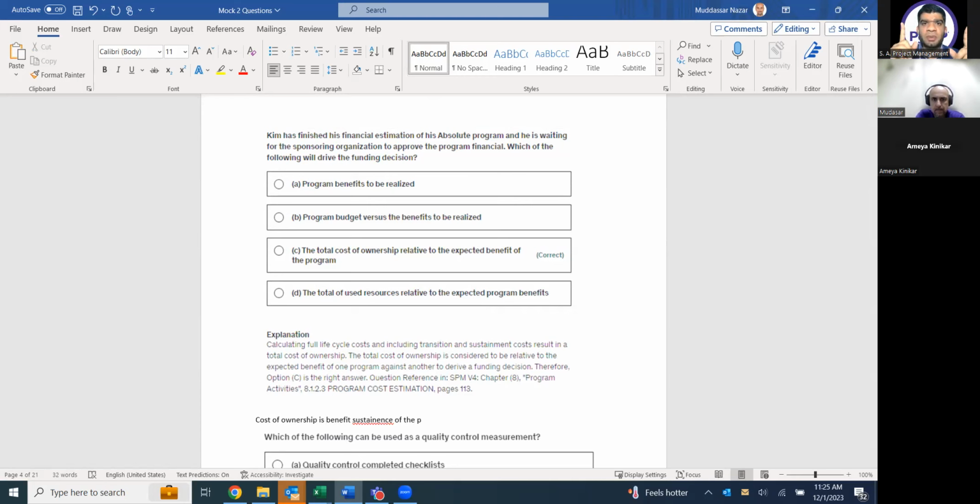Remember? So in my program life cycle, I have to define the complete cost of ownership, including transition cost and sustainment cost, and ultimately this cost will give me the benefits.